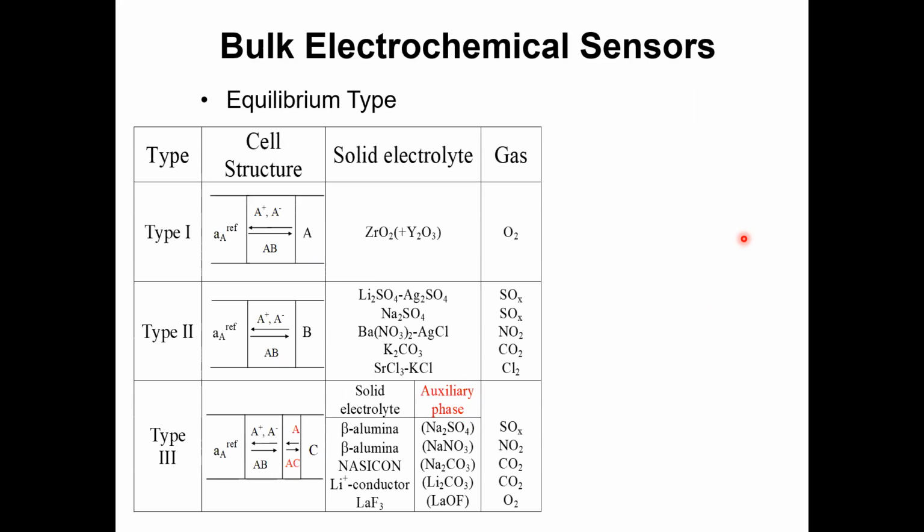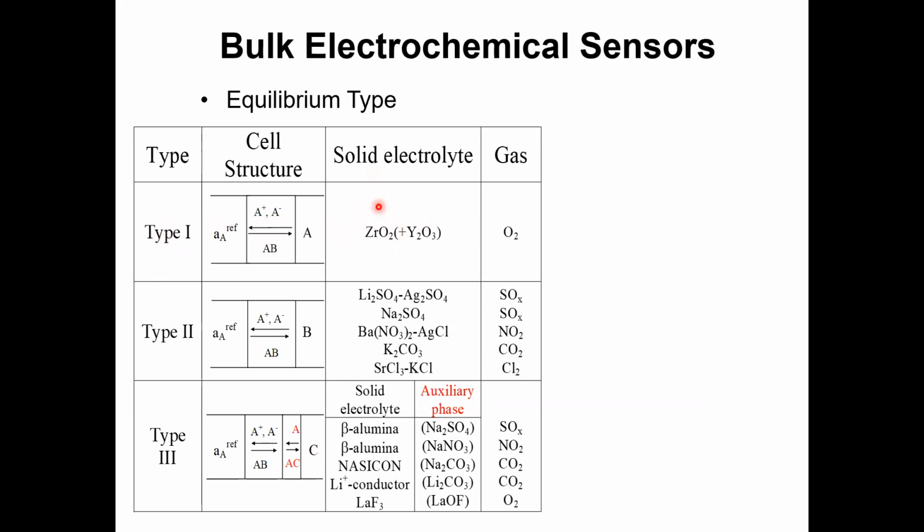If you look at the bulk electrochemical type sensors, there are equilibrium types. The so-called type 1: this is your electrolyte, which is an AB compound, and let's say A is the transporting species. If you're trying to detect a gas environment that matches exactly the transporting species, then it's type 1.